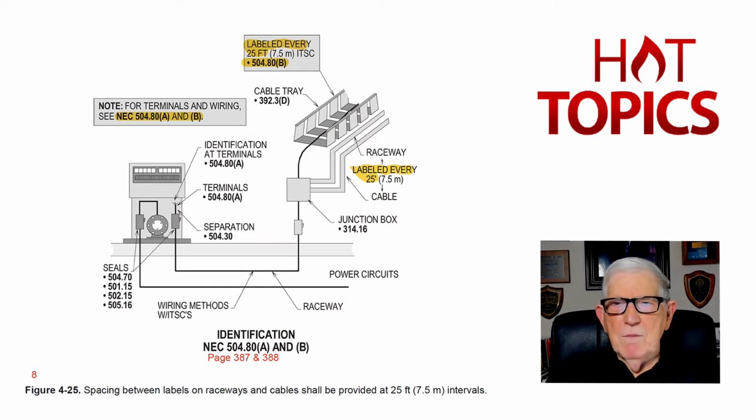So the labeling is showed that we need that for every 25 foot to identify the system. And then, of course, you see the seal requirements are there, 504.70 and 501.15, 502.15, and 505.16 if we happen to be in the zones, which we're not covering the zones in detail.